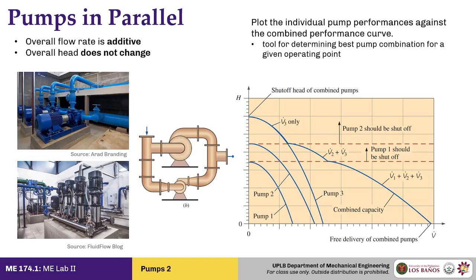So I think this is a little more dangerous. If the required discharge head exceeds the maximum discharge head of one of the pumps, you have to shut off that pump, etc. So this is kind of the reverse problem.